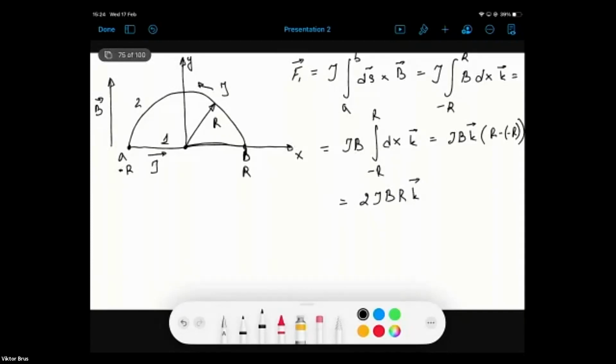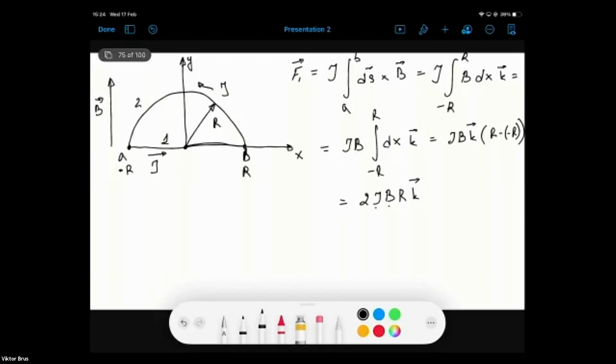So this force will be defined by the magnitude of electric current, by the magnetic field vector magnitude, and by the distance, because 2 times r is the total length of this segment from point A to point B. Okay, so with this segment, we are done.